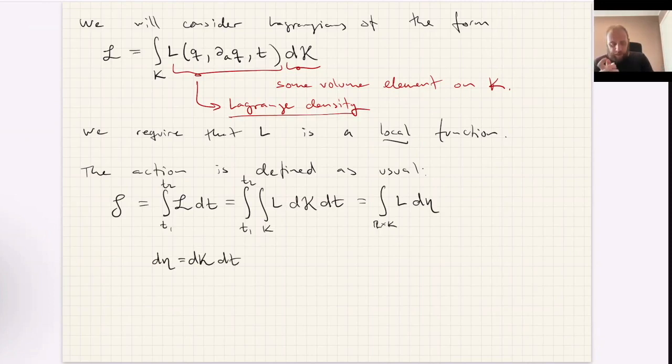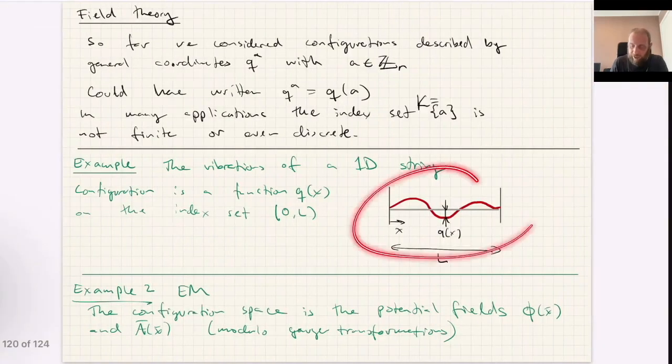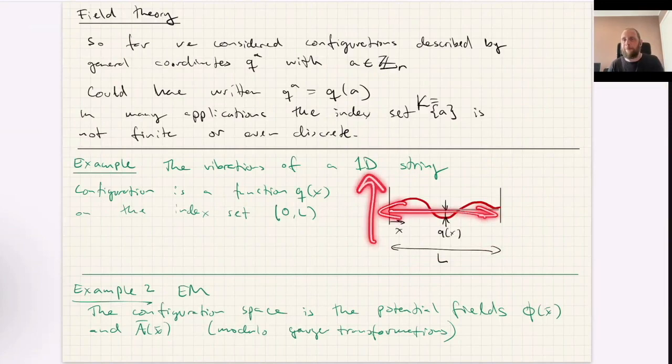So this is essentially a space-time integral. It's an integral in time as well as in position. Typically, like in this case of the string, it would be an integral over the string as well as an integral in time. That's a space-time integral.